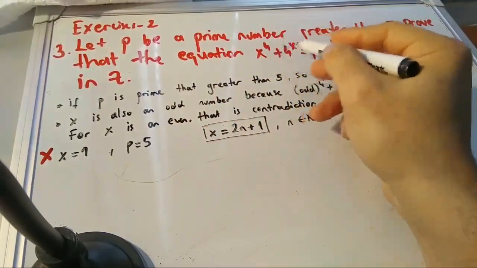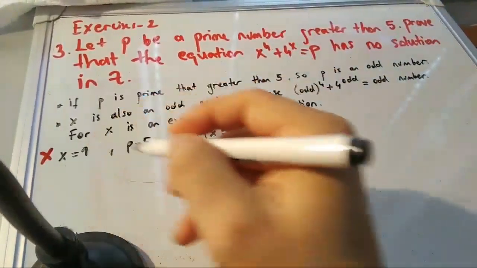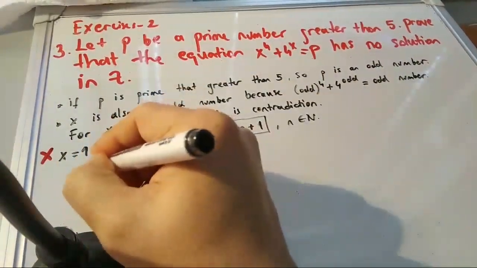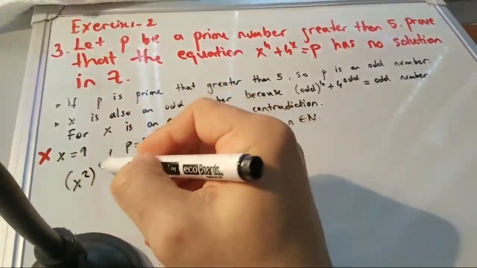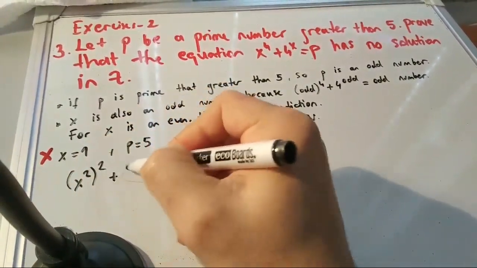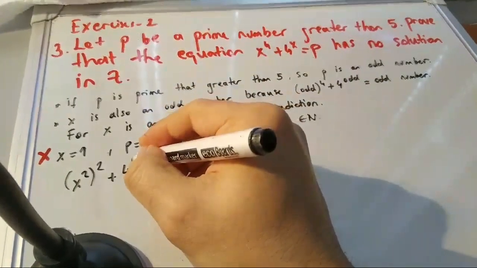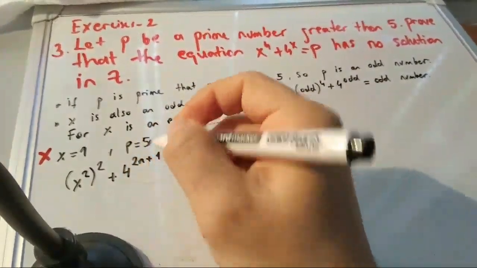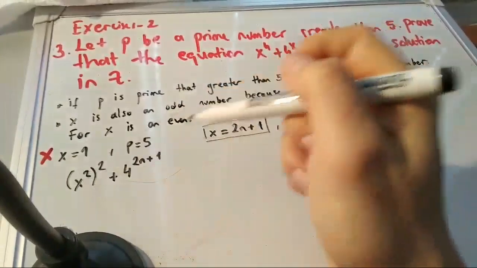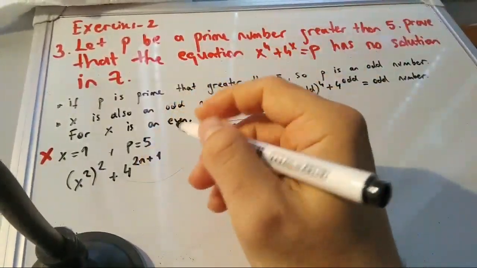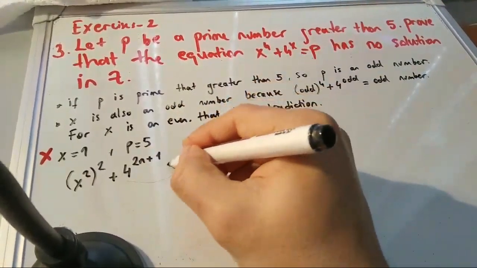X to the power of 4 plus 4 to the power of X. Instead of X to the power of 4, we can write X squared to the power of 2, plus 4 to the power of 2n plus 1. I didn't substitute for X in the exponent because I will try to factorize it.